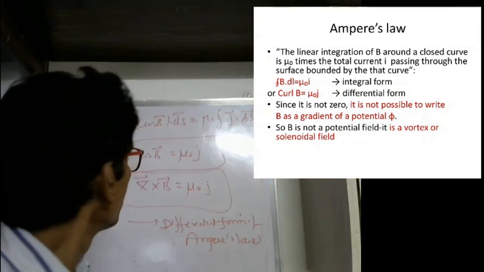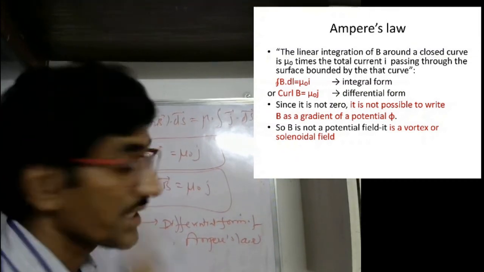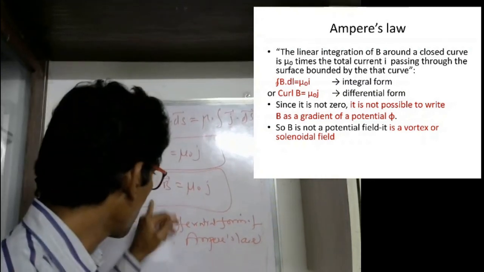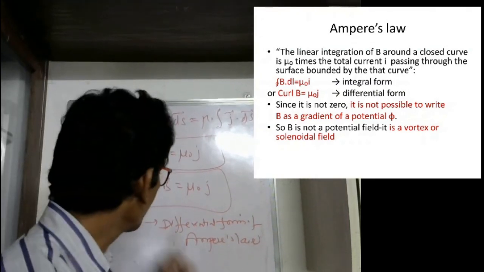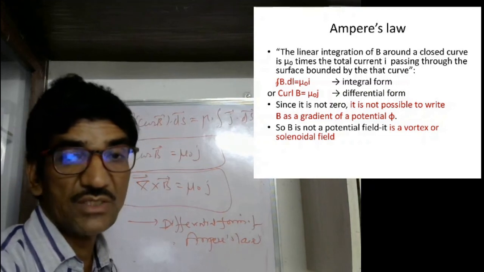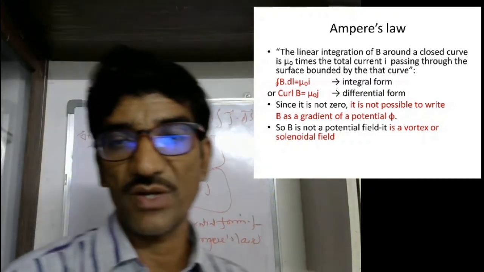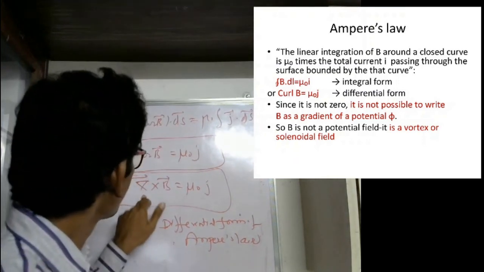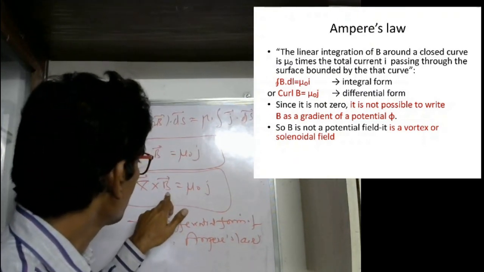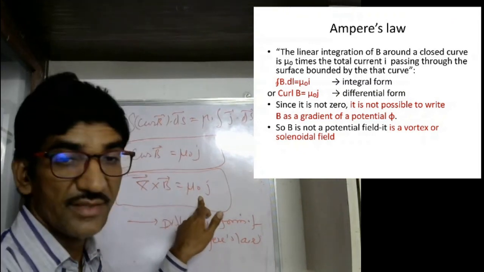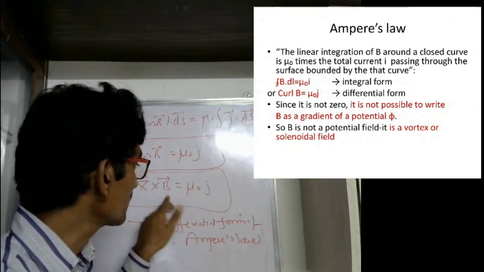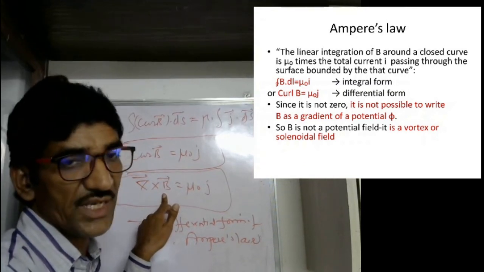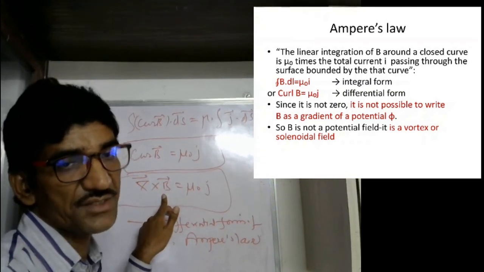That means your E is an irrotational field, or conservative force field, but that is not happening here. That's why your B is not an irrotational field, but a solenoidal field. Whenever a del cross quantity is equal to 0, then that quantity may be expressed as a gradient. That's why we defined E is equal to minus grad phi.